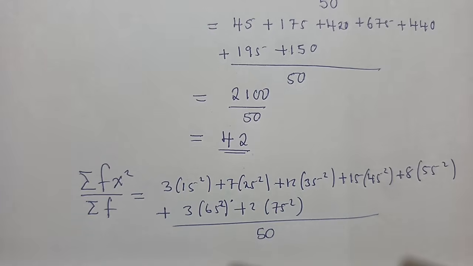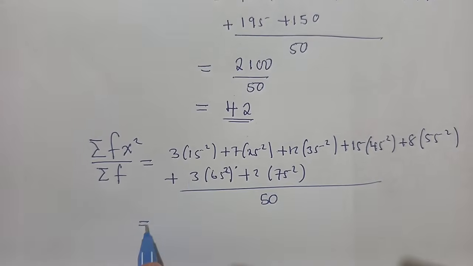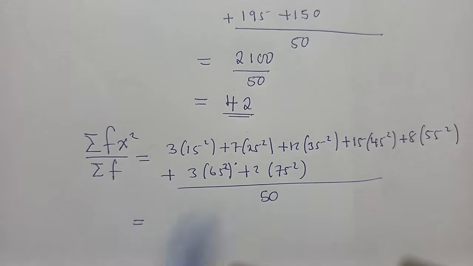We can punch on our calculator without wasting our time. Let's just punch everything that we're able to see on our calculator right here. So that's 3 open bracket, 15 squared, plus 7 open bracket, 25 squared. Let's move together, plus 12 open bracket, 35 squared, plus 15 open bracket, 45 squared, plus 8, 55 squared, plus 3, 65 squared, plus 2, 75 squared.